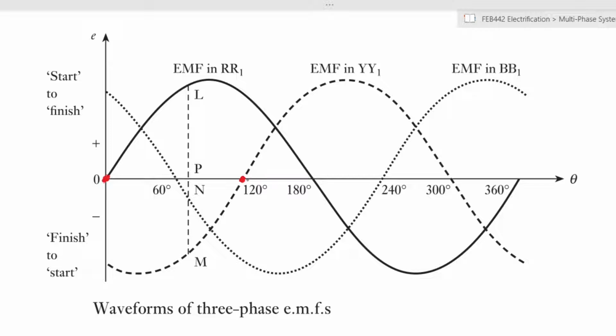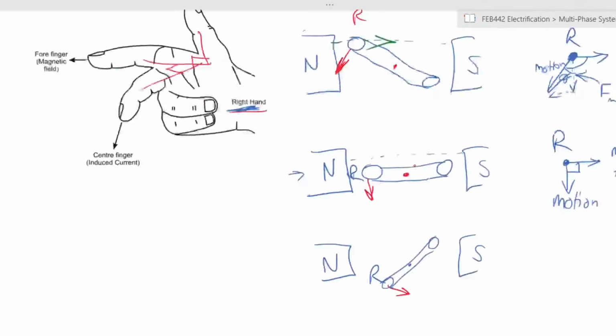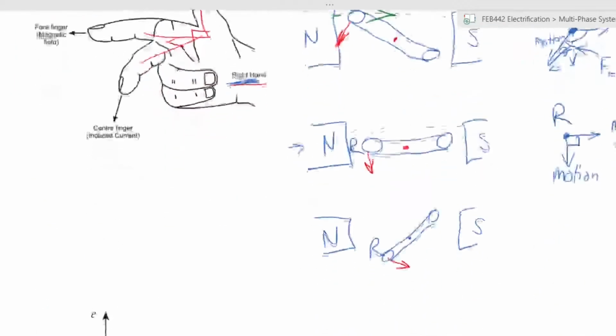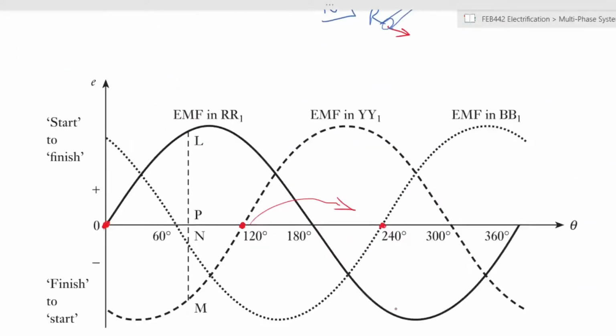And then 120 degrees after that, you will then have B, or blue, which is represented by this dotted curve, reaching the same point because they are mounted 120 degrees apart from each other, which we have already seen. Okay, so that 120 degrees separation is what gives these differences in electromotive force.